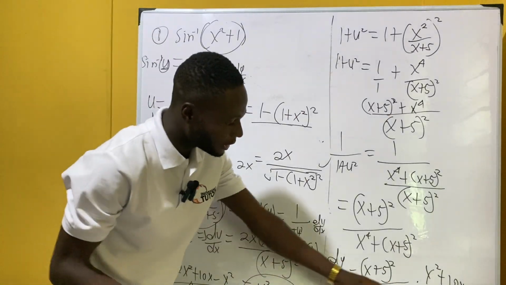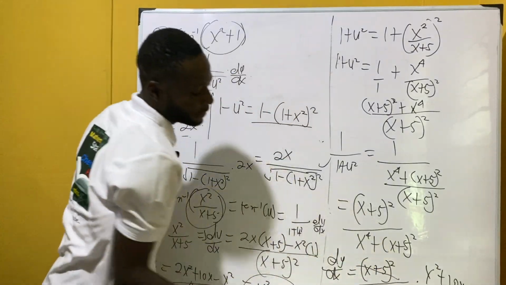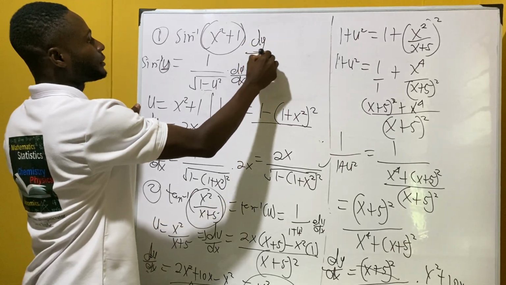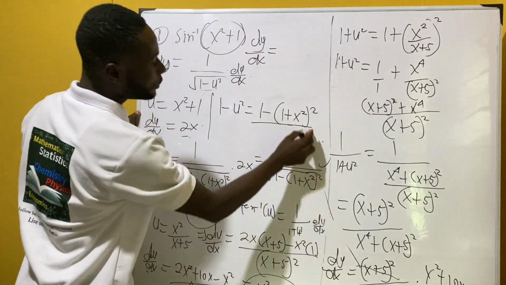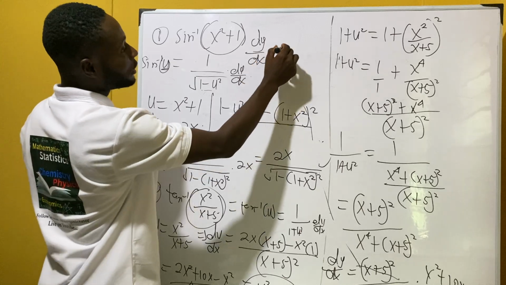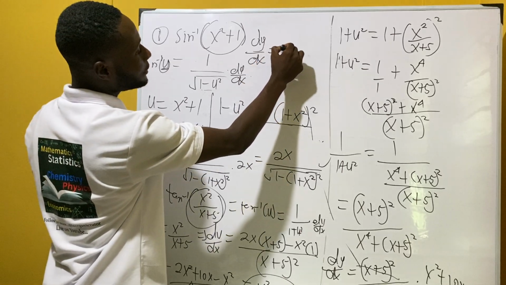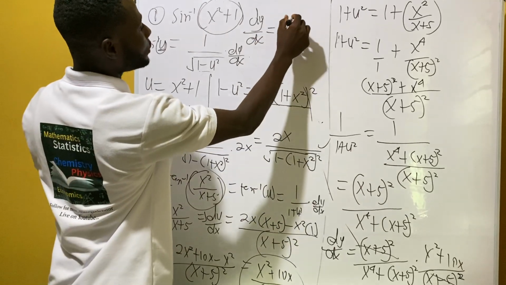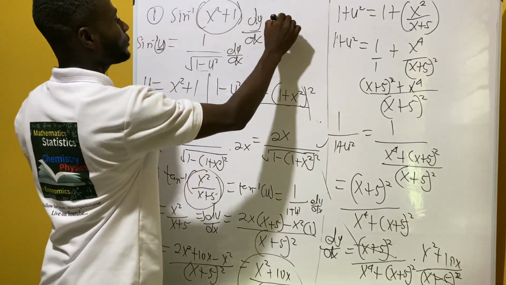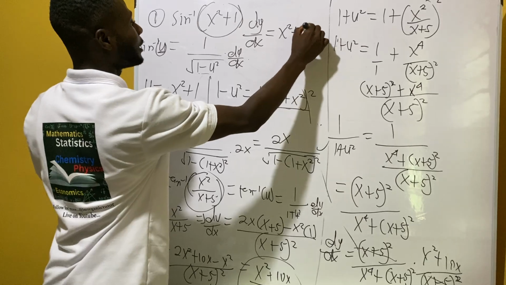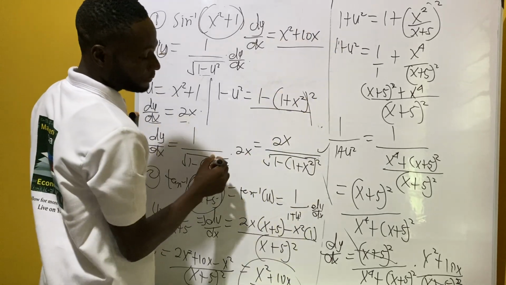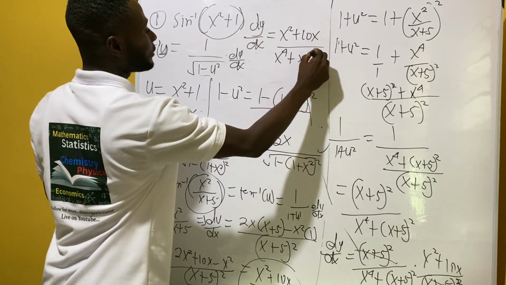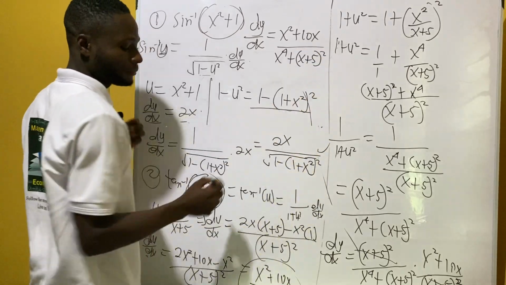So we see that we can clearly cancel this out, and then we can say that dy dx is equal to x squared plus 10x all over x power 4 plus x plus 5 all squared.